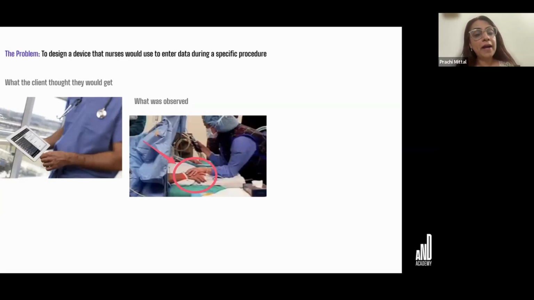When they were hired by a client to create a device that nurses in ERs, in emergency rooms of hospitals, could use to enter data during a specific procedure. So what the client thought, the first image, is that they'll get something like that, we'll equip all our nurses with a tablet, and they can quickly enter all the data that they are gathering from the user, and that is what they were expecting.